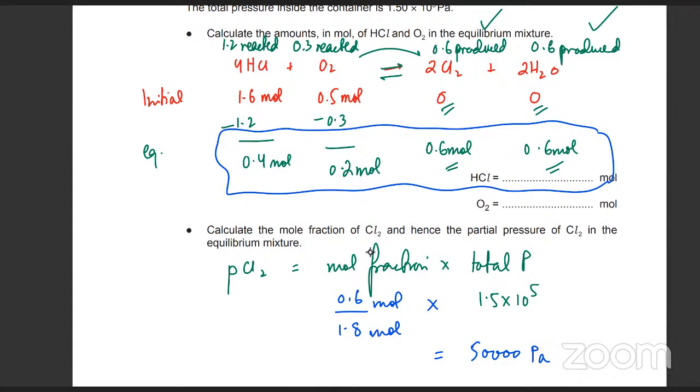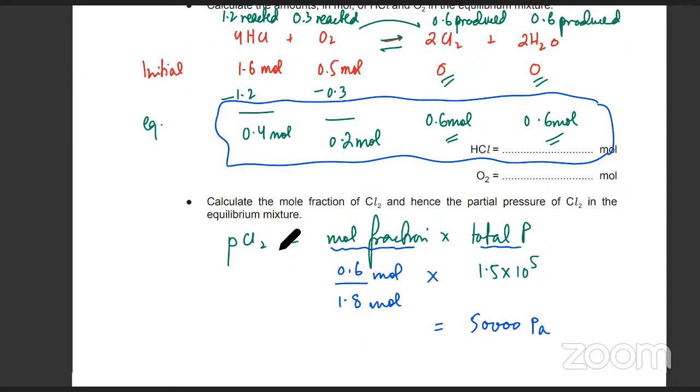Remember, mole fraction multiplied by the total pressure. That is how you find the partial pressure due to Cl2. So that's what we did.